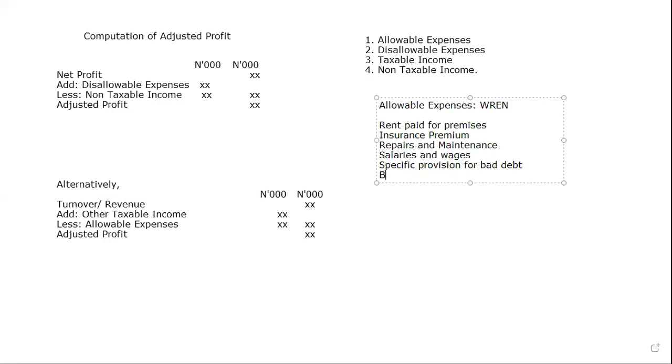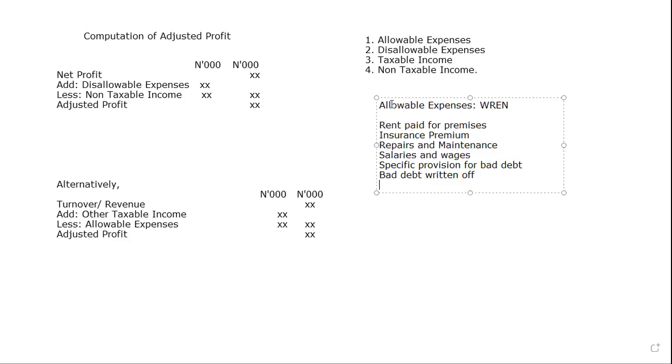Then bad debt written off. Are you with me? So those are examples of allowable expenses.